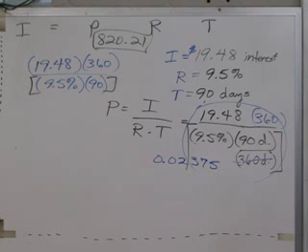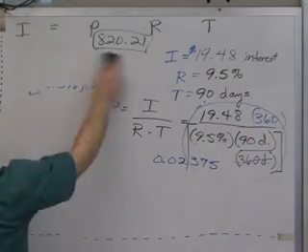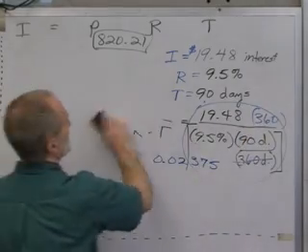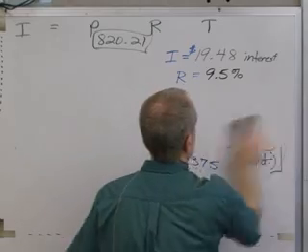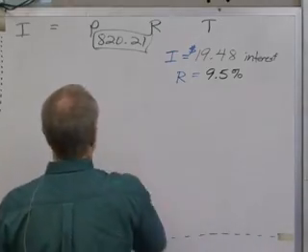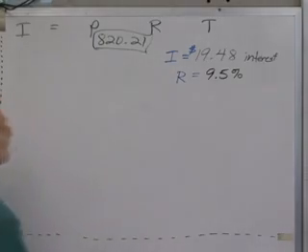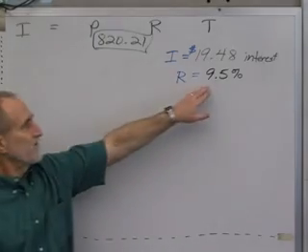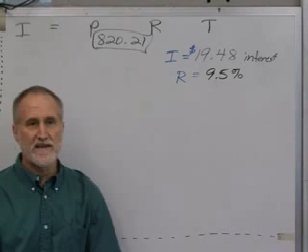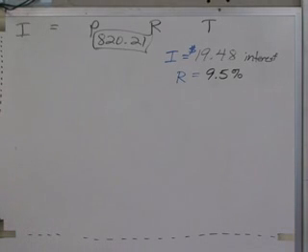Let's try another one. Let's say that we are given three things. Let's say we're given the principal and the interest rate. So let's say Tim borrowed $820.21 from the bank at 9.5%, and he paid $19.48 interest.